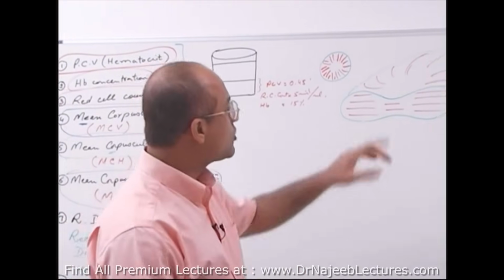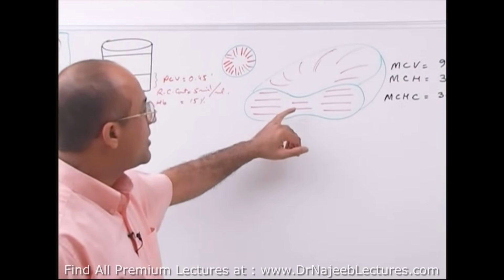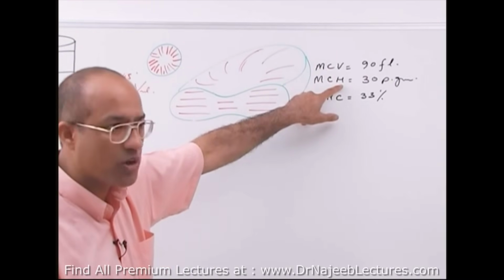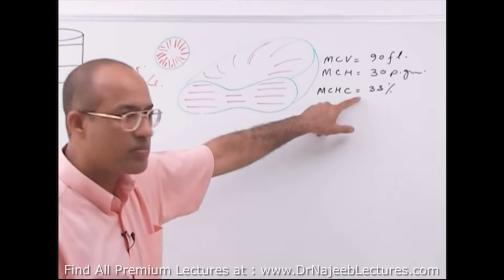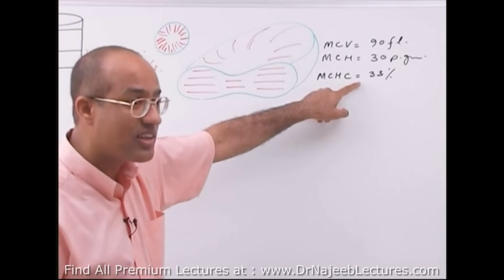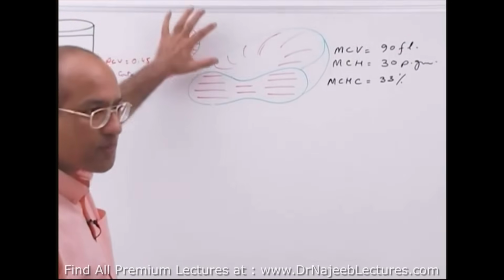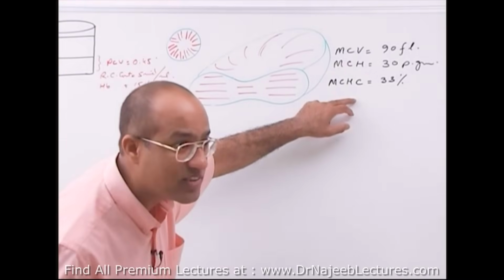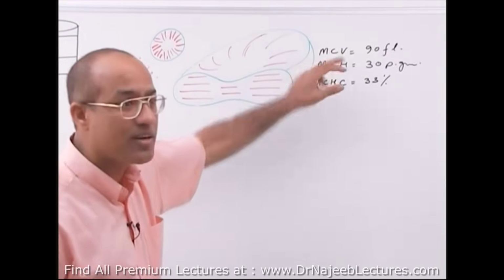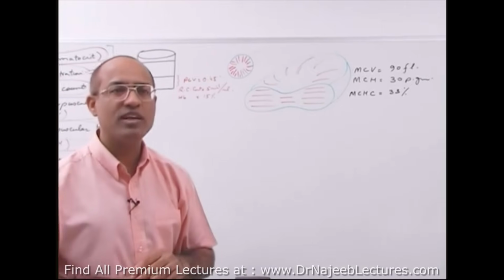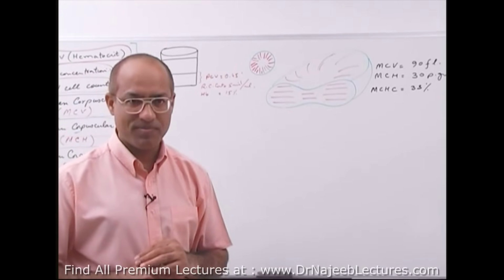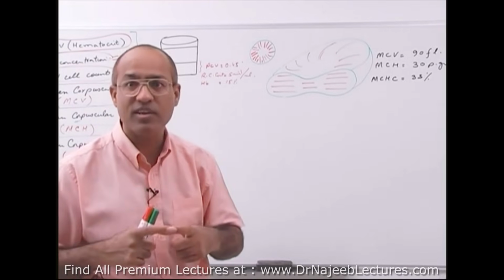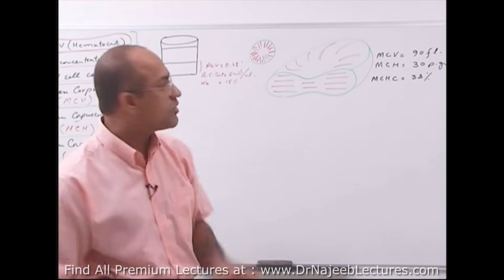So this red blood cell, which has this volume, this amount of hemoglobin, and this hemoglobin concentration, has an appearance of 1/3 pallor. This is of normal volume and normal degree of hemoglobinization. When it is normal volume, normal size, we say it is normocytic. And when it is normal color, due to normal degree of hemoglobinization, we say it is normochromic. So what will you call this red blood cell?